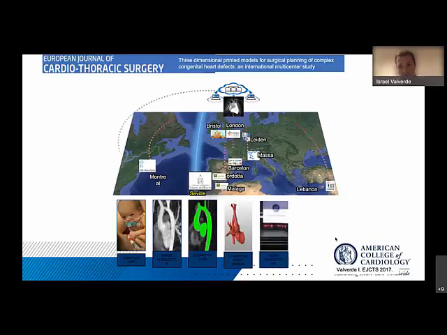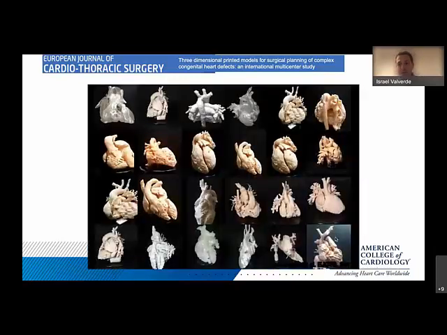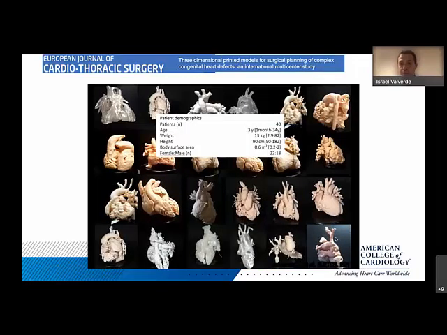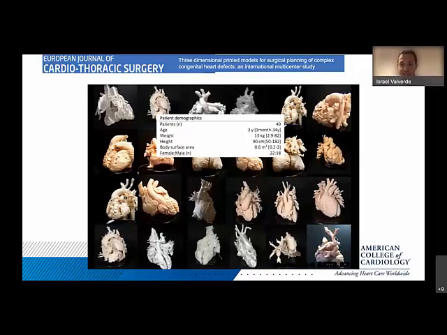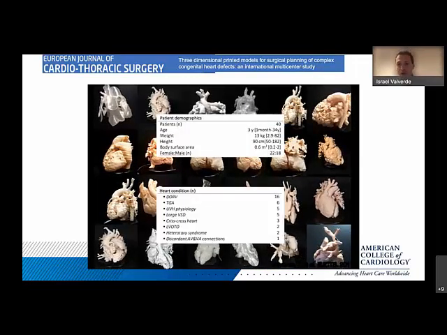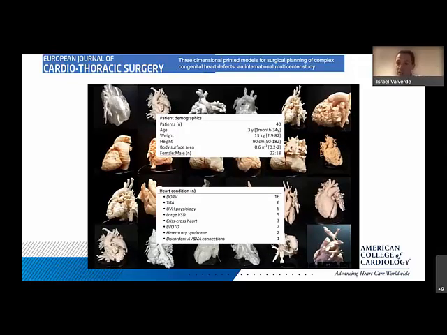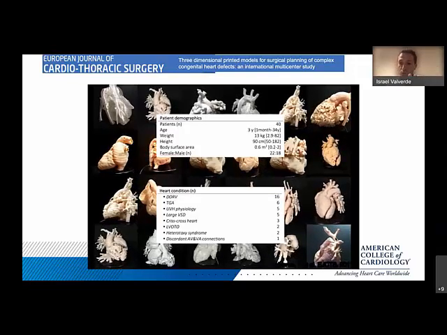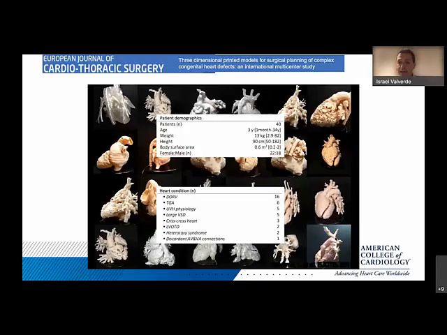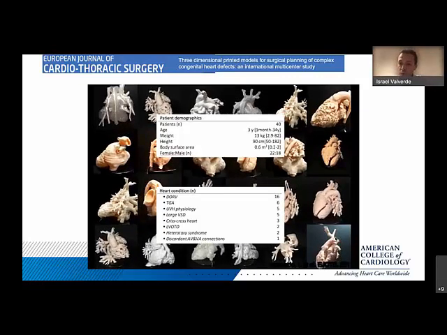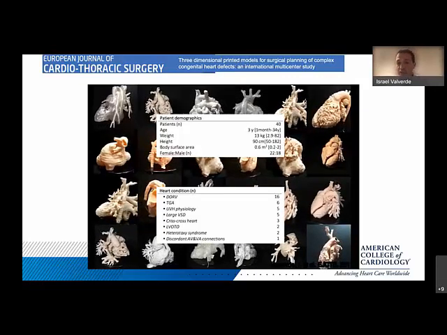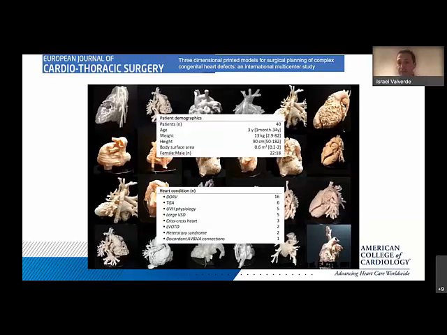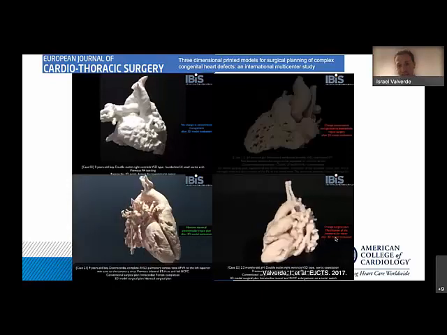We did the 3D printing and sent it to the hospital, and we evaluated over 40 complex cases of congenital heart disease. What we did is we allowed the surgical meeting to decide what they thought would be the best approach. One week later, we sent the 3D printed model and rechecked if they agreed on the same surgical intervention.